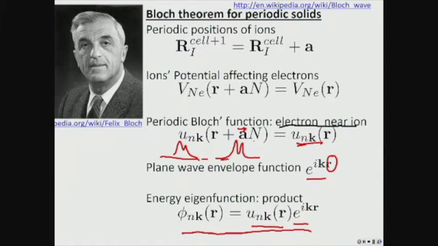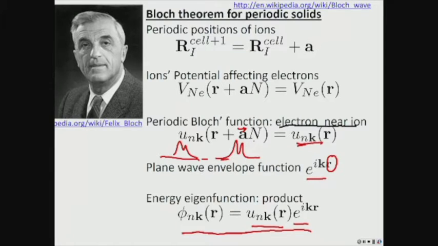When the potential is exactly repeating at a new space point, the wave function will be the same up to a phase factor. So the absolute value of the wave function will be the same, but phase can be accumulated.